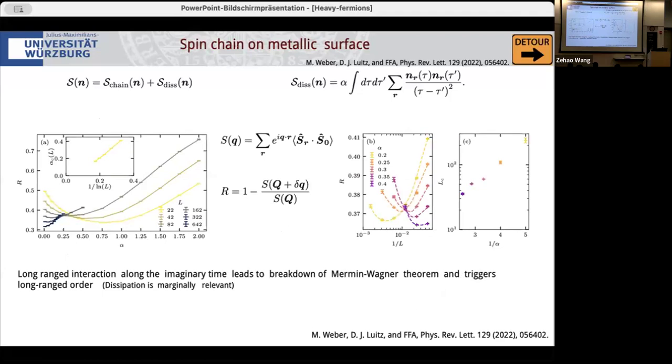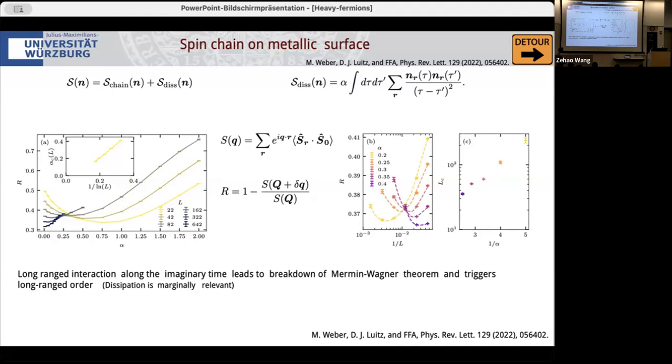So this is as a function of alpha. Alpha is the coupling to the bath. And this is what you call a correlation ratio. This correlation ratio is a very nice quantity which will allow you to detect if you have long-range order or not. It is 1 minus S(Q+delta Q) divided by S(Q), where Q is the ordering vector and delta Q would be 2 pi over L for a finite system.